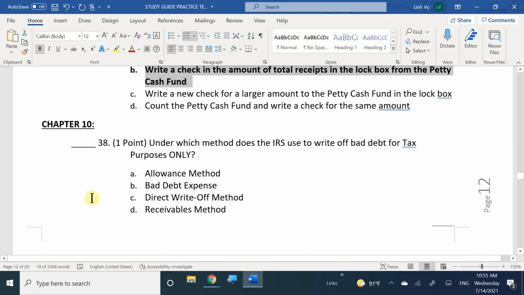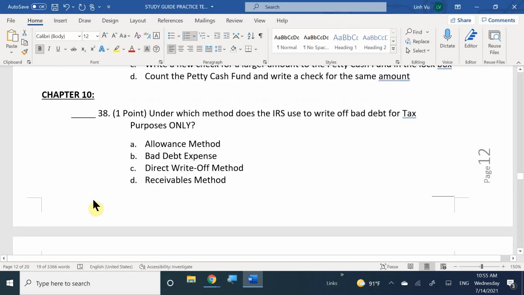Number 38, under which method does the IRS write off bad debt expense for tax purposes only? Is it B? Which one? B. Not the bad debt expense. Direct write-off method. Correct.